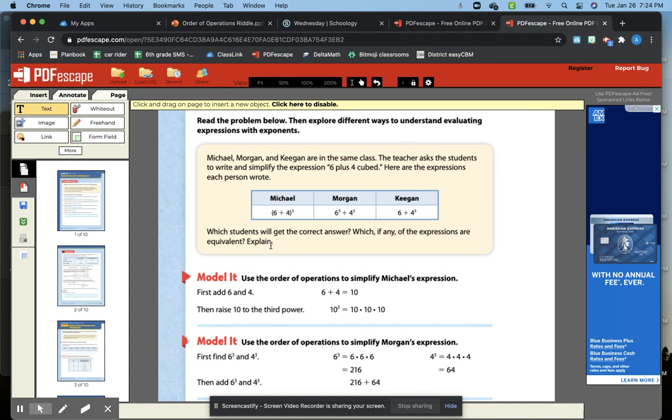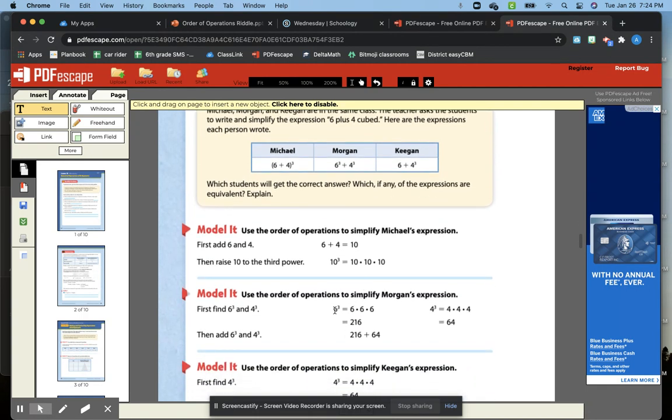Which student got the correct answer, and which, if any, of the expressions are equivalent? So first, if you look at the model, you add 6 plus 4, which you know is 10. Then raise 10 to the third power, so 10 times 10 times 10. And here they did the same thing. So they found the order of operations, and they found that 6 cubed is 216, and 4 cubed is 64.